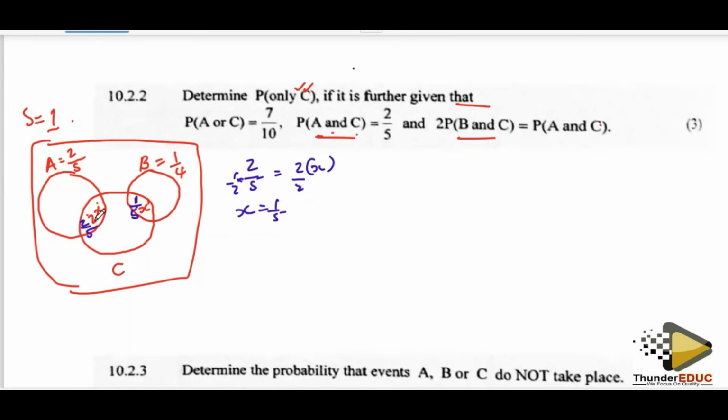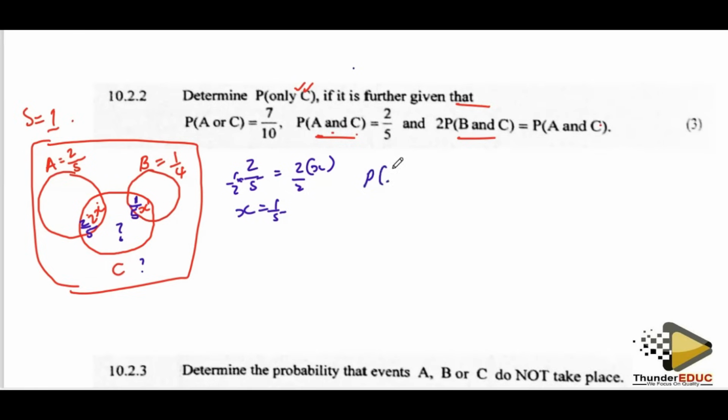Is there anything else we need? They want to see only this part. Okay, so for me to get my C only, I'll need to first of all get what C is.